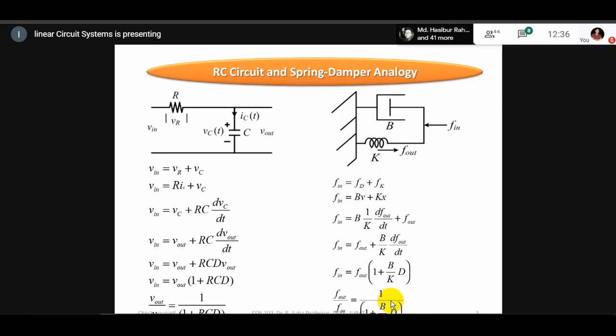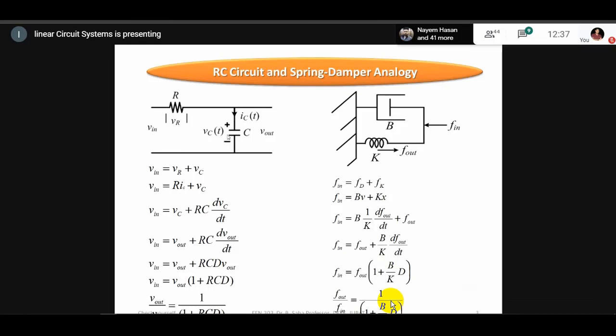Now let's see how the RC circuit is used here to find the transfer function. V in equals VR plus VC, right? By applying KVL, we found this equation. Now V in equals R IC plus VC. Why do we keep VC?